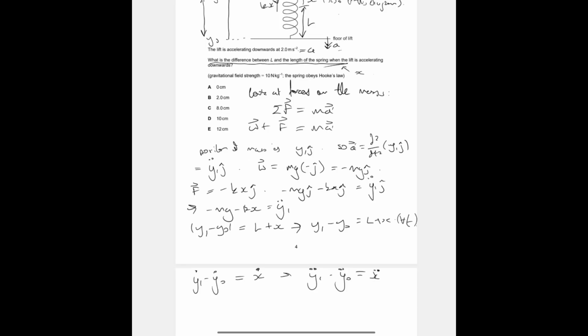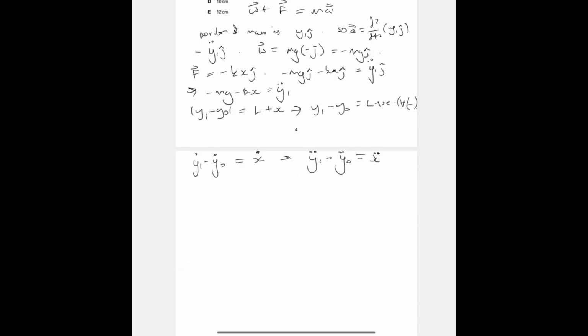Okay. And then one thing we can notice is the second derivative of y0 is basically the acceleration of the lift, and we know it accelerates downwards at a.